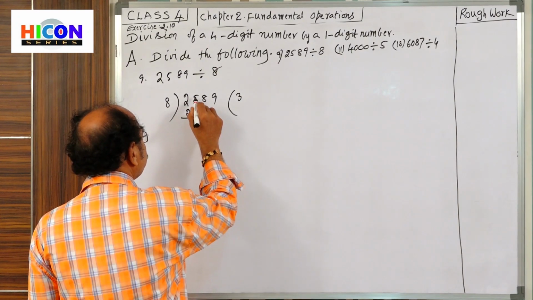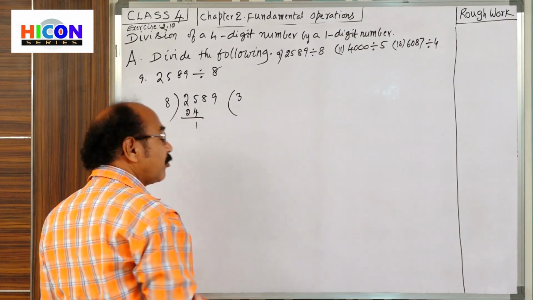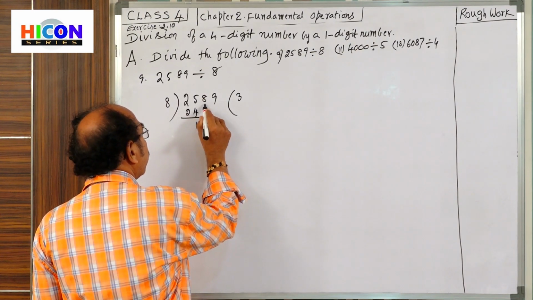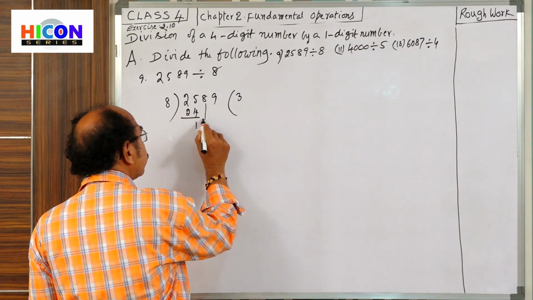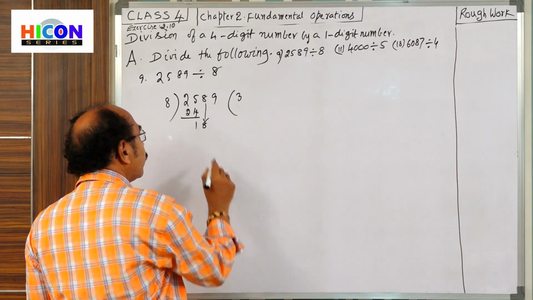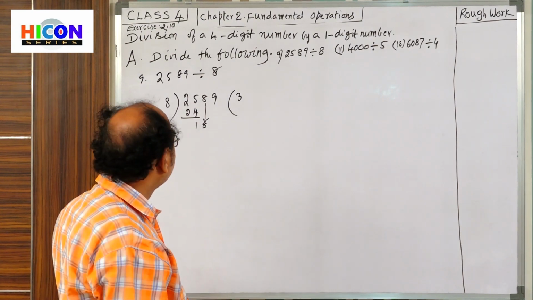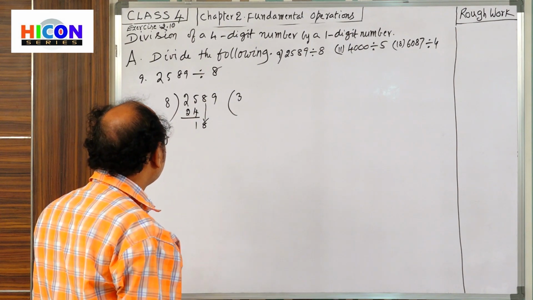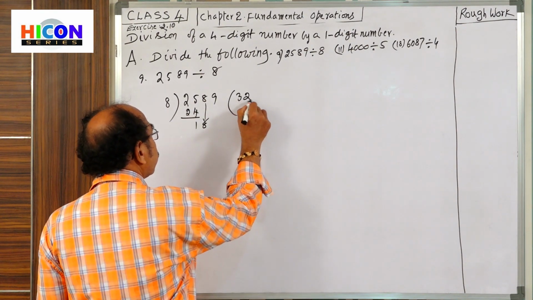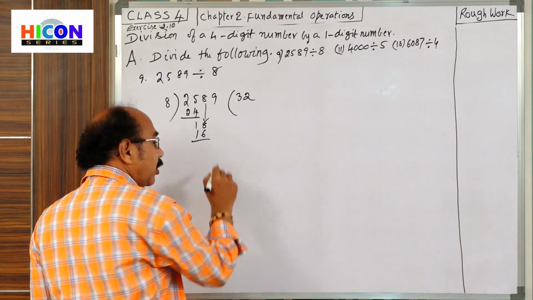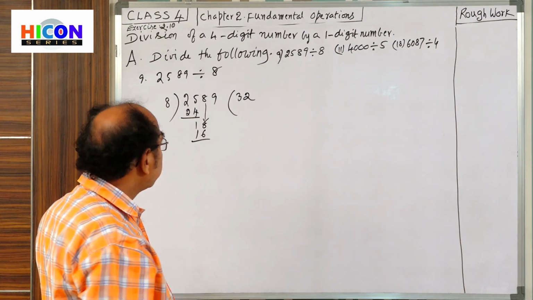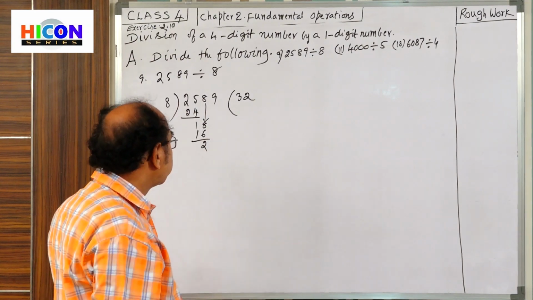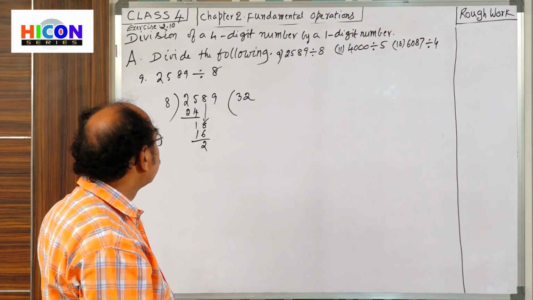Remainder is 5 minus 4, 1. Now from the dividend bring down 8. Now how many times in 18? 8 twos are 16. What is the remainder? 18 minus 16 means 2.